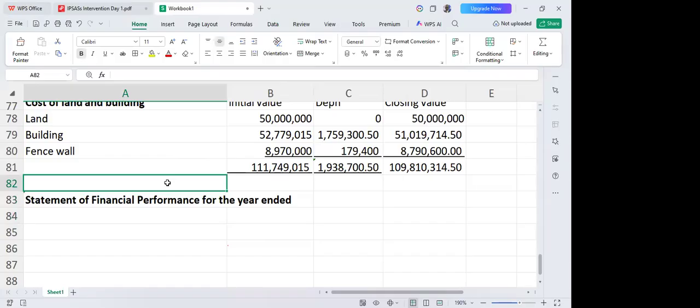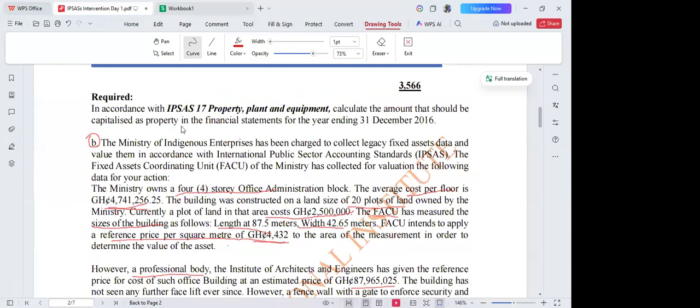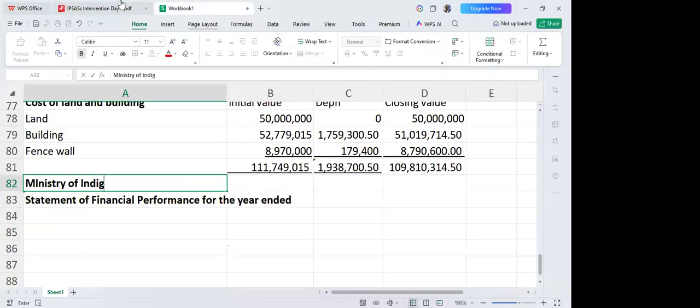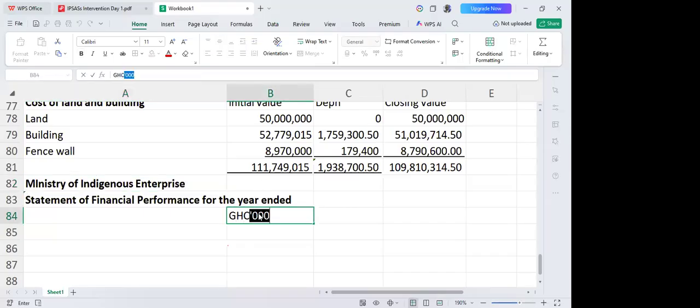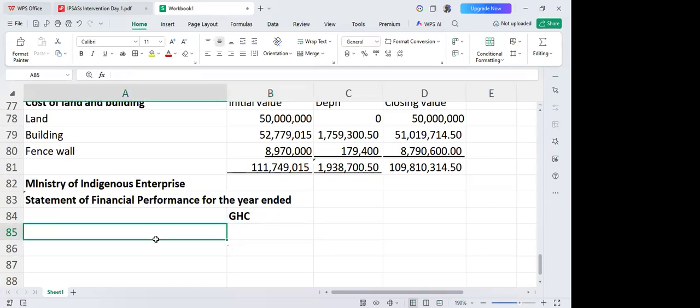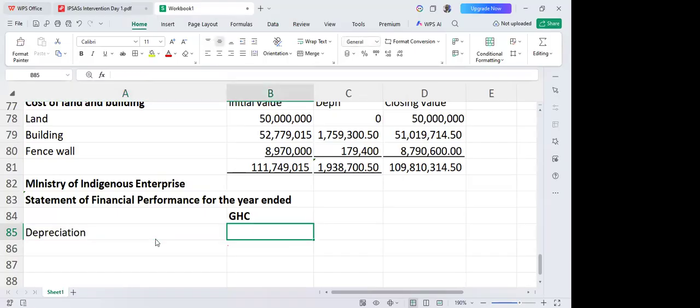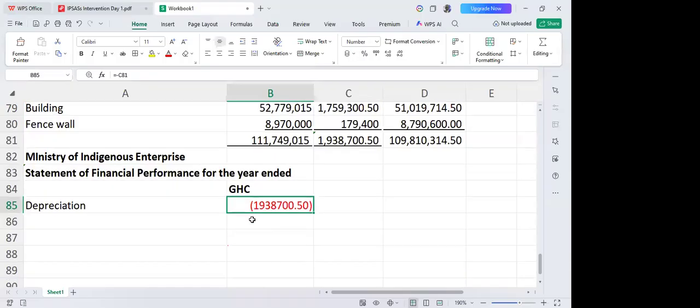But the name of the firm must come: Ministry of Indigenous Enterprise. We bring our currency sign. What we are going to account for will be the depreciation. Depreciation is an expense, so we bring that in as a negative.